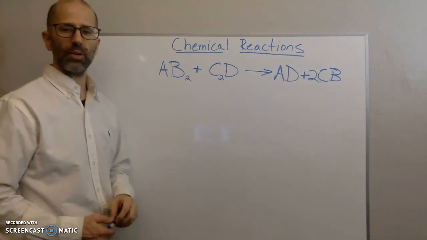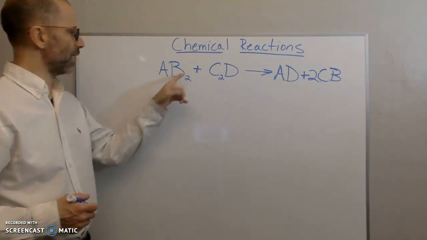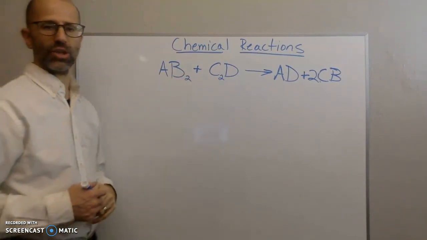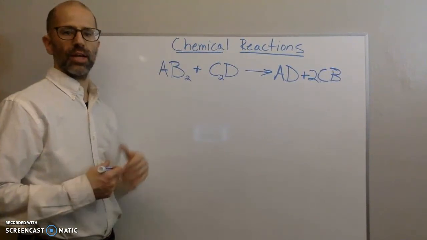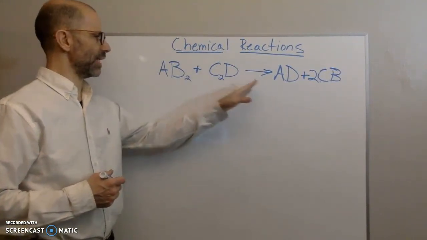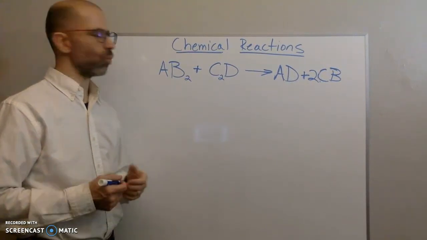The last thing that we have in our balanced equation is that we have states of matter. So if it's a liquid, solid, gas, or aqueous, then we need to indicate that in our equation. Now, aqueous means that it's dissolved in water.